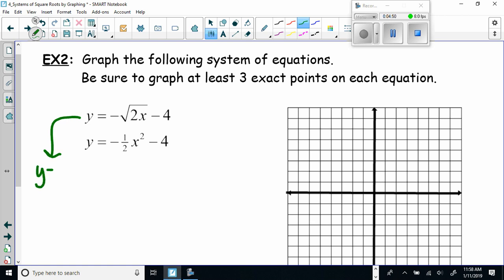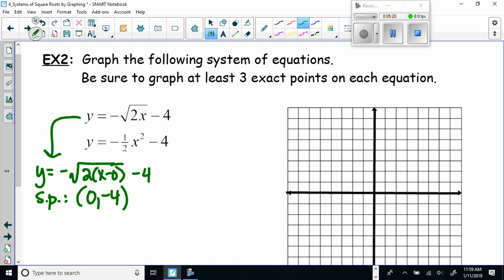If you want, you could rewrite this as pulling out that b value. It's not really necessary because there's only one term under the radical, but if that's easier for you to see, you could write it in transformation form. So what's my starting point here? 0, -4.